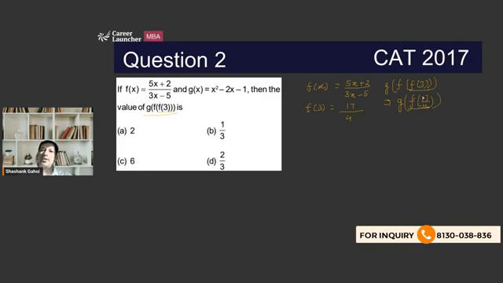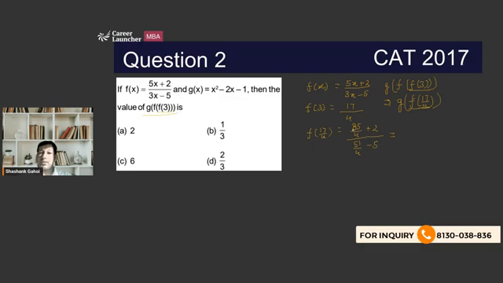So now what I need to calculate is the value of f of 17 by 4. So I am replacing x by 17 by 4. So 17 5s are 85 upon 4, plus 2, plus 3 into 17, so 51 by 4, minus 5.